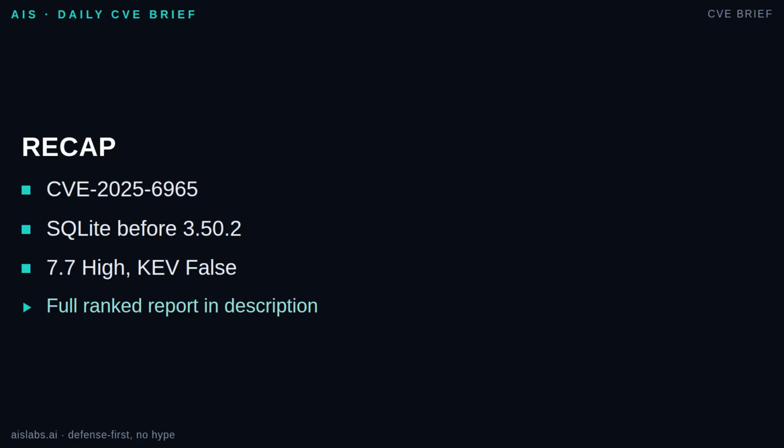It is not currently on CISA-KEV, but the EPSS percentile is extremely high, and SQLite's embedded footprint makes inventory the real challenge. Your action plan is simple. Find every SQLite copy, confirm whether anything before 3.50.2 is still in use, prioritize exposed applications, rebuild or update bundled copies, and monitor for instability around database-heavy features.